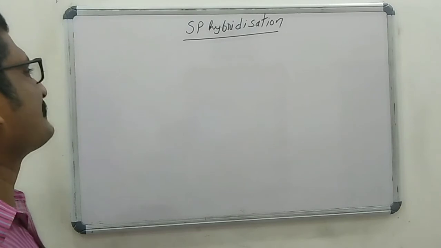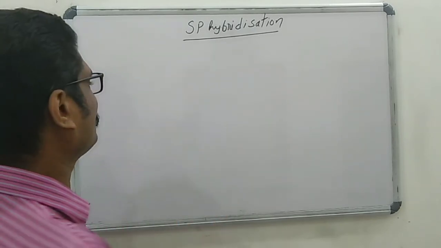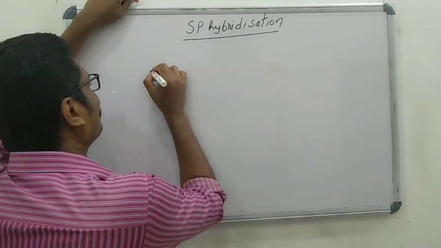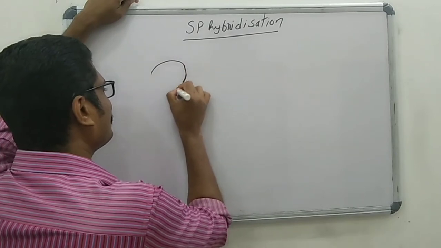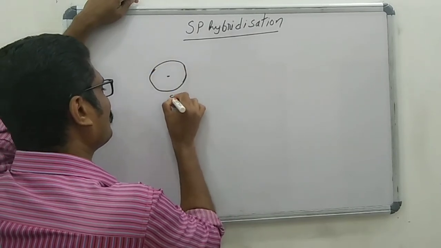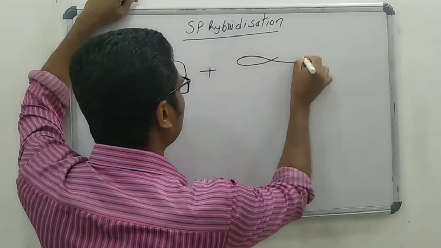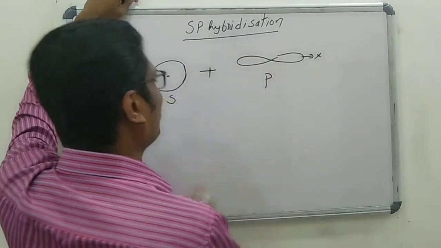What is meant by sp hybridization, or how the sp hybrid orbitals are formed? Yes, the sp hybrid orbitals are formed by the intermixing of one s orbital and one p orbital.